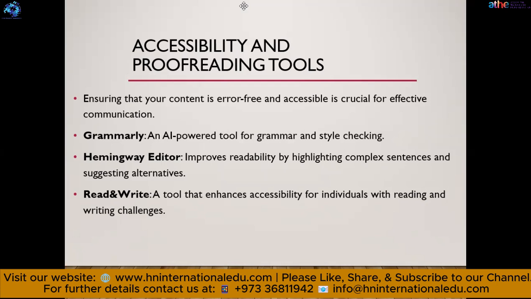Hemingway Editor improves readability by highlighting complex sentences and suggesting alternatives. So these are the tools we can use. In Hemingway Editor, basically, it will show us some alternate phrases, maybe, or different sentences to make the context more effective. So we can use it as well.